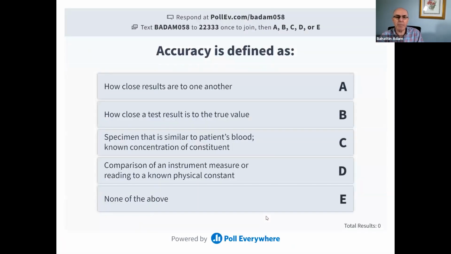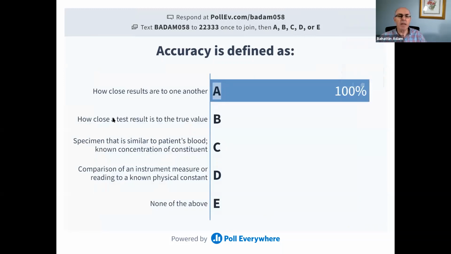Now, what does accuracy mean? How close results are to one another is the precision.